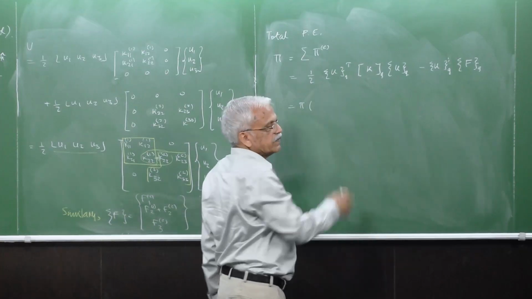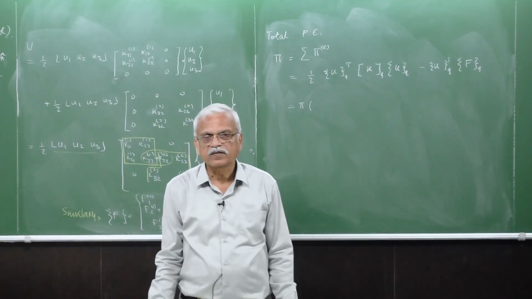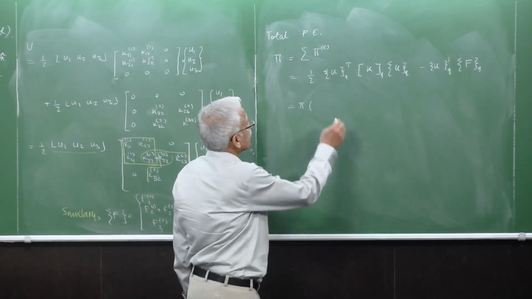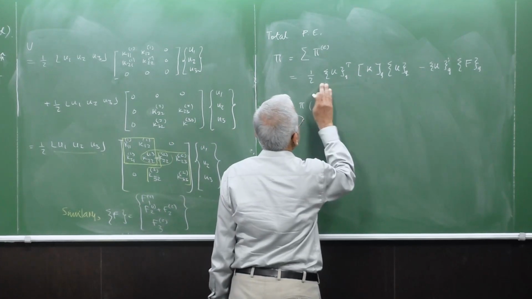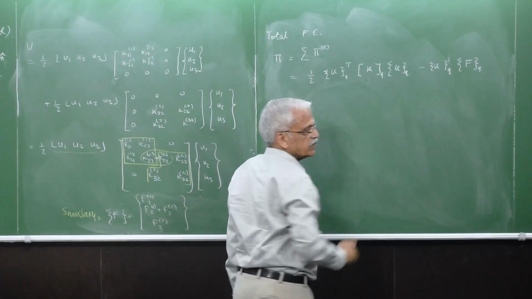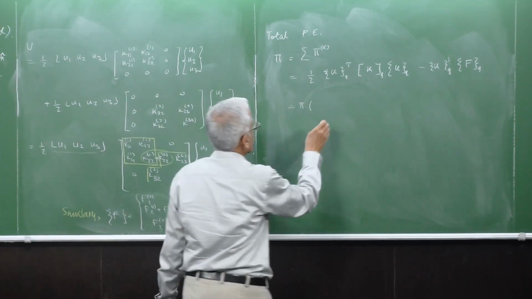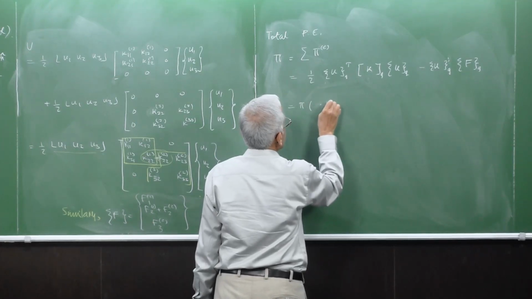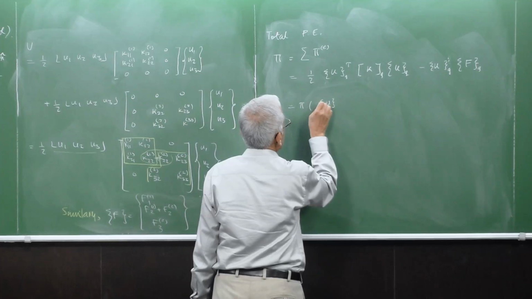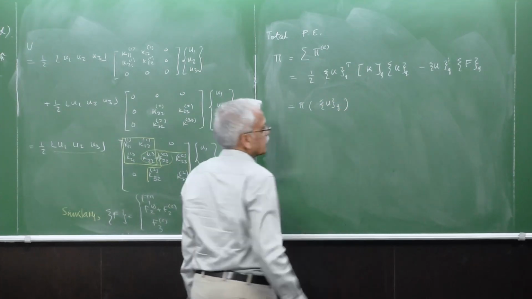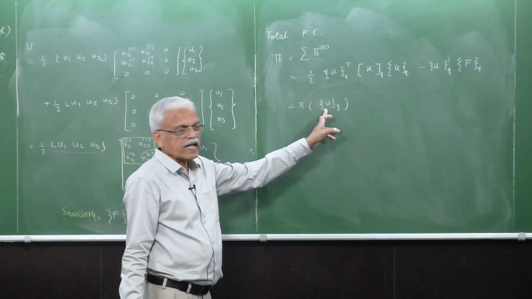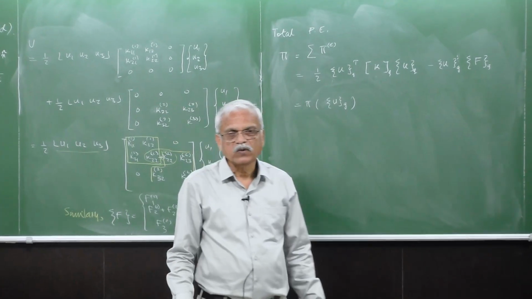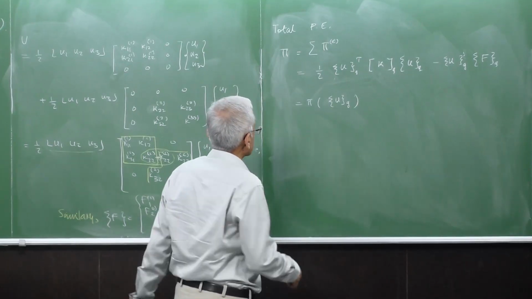Ug will consist of as many degrees of freedom as there are nodes multiplied by 2. So this potential energy is a function of this displacement, and there will be as many displacements as the number of nodes multiplied by 2.